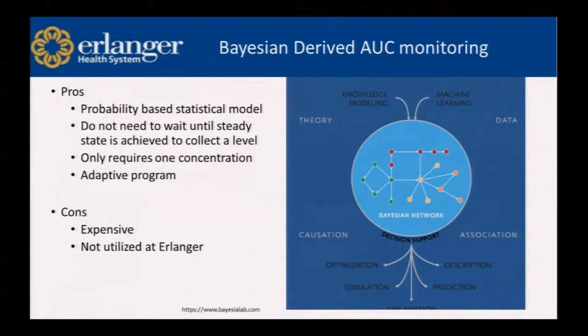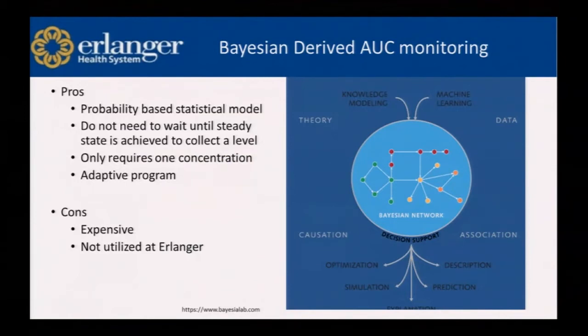One thing I will say about this is that while you only need one concentration to calculate an AUC-MIC with the Bayesian-derived software, you get better, more accurate data if you do put in a peak and a trough. And same thing with steady state. You don't technically have to wait until you're at steady state. You could draw a trough or a random level at any point in therapy, but you get better data if you wait until the patient's at steady state.